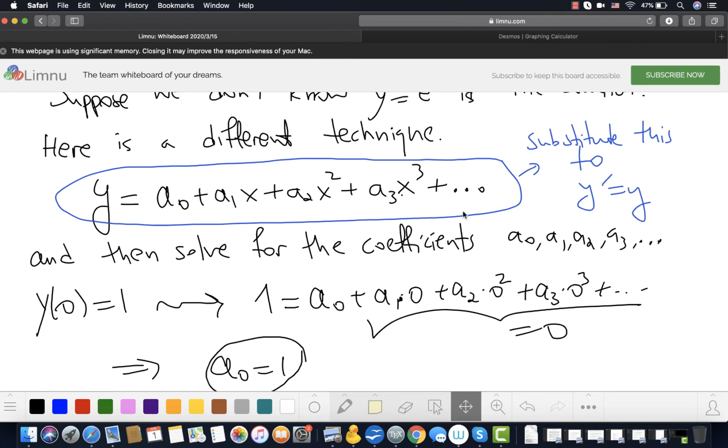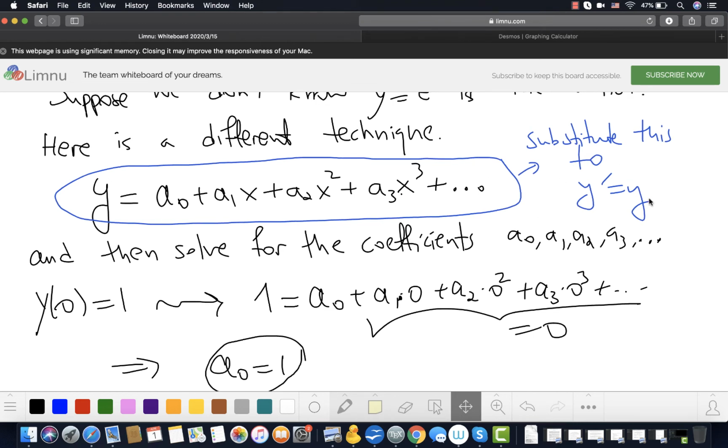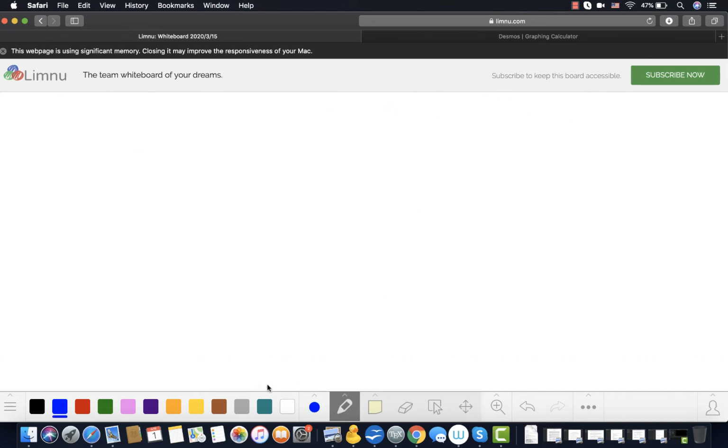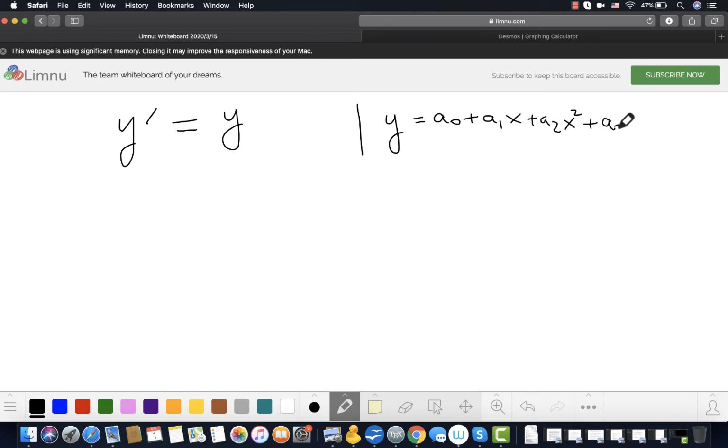So what I've written here is a potential solution, and I want to investigate it. I know that this potential solution must satisfy y prime equals y. And our potential solution is of the form a0 plus a1x plus a2x squared plus a3x cubed, and so on.